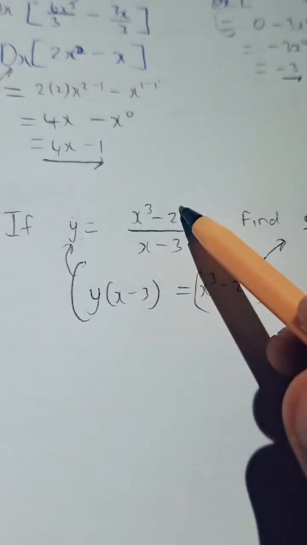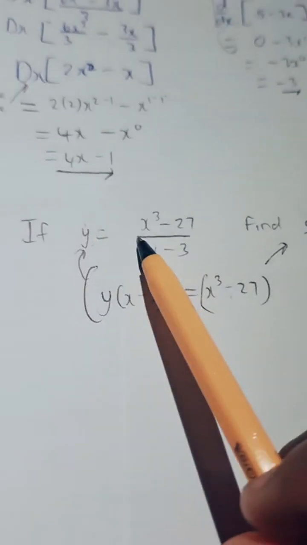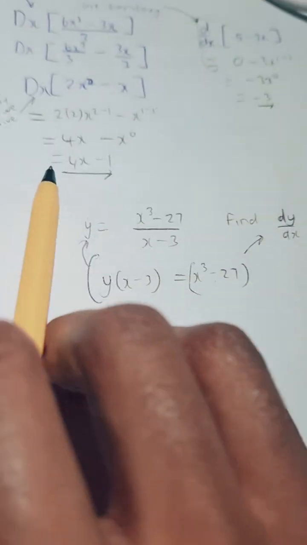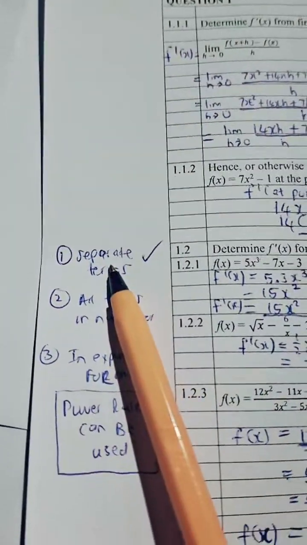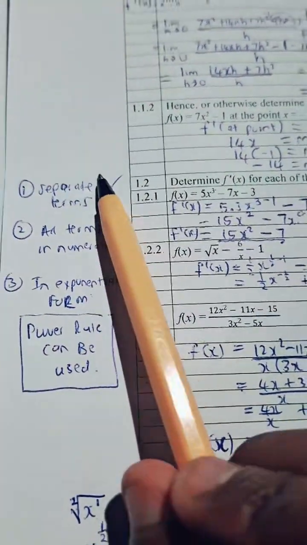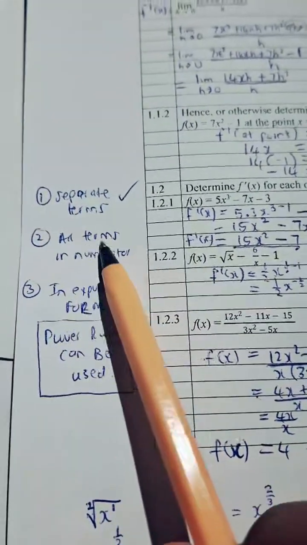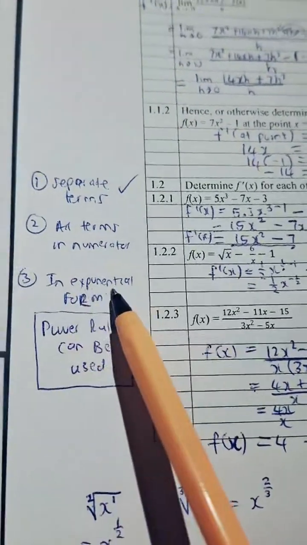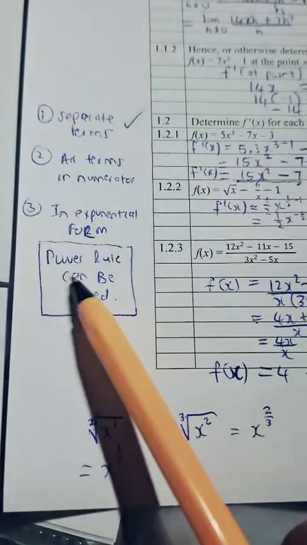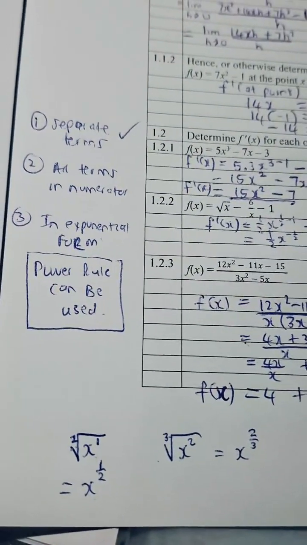But this here needs to be further simplified into what? Into separate terms. Why do we need to have separate terms? Because remember, our condition for deriving means we need to have separate terms. All terms must be in the numerator and they must be in exponential form. Then we can use the power rule so that we can derive.